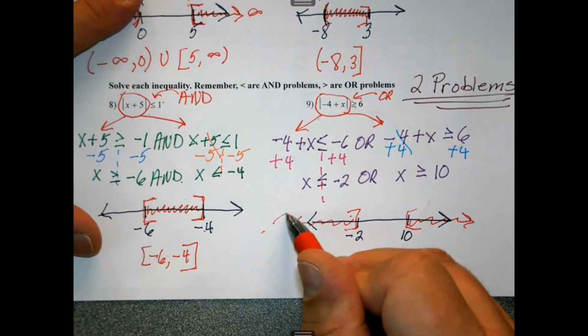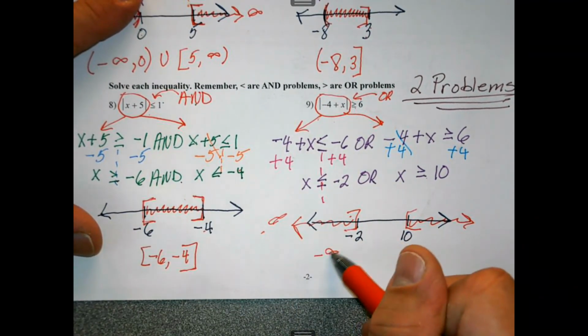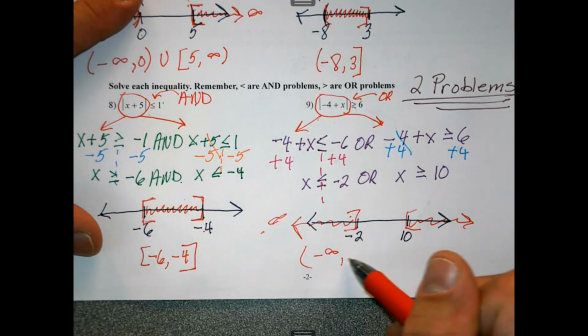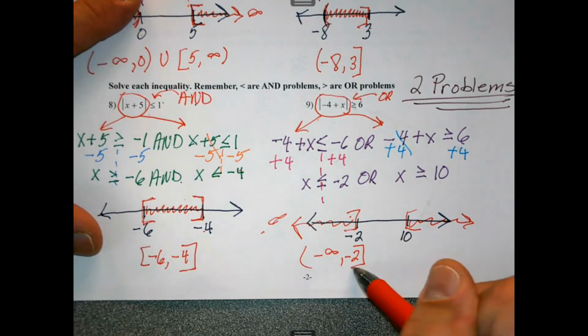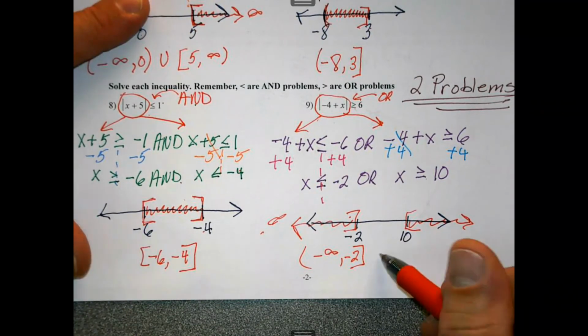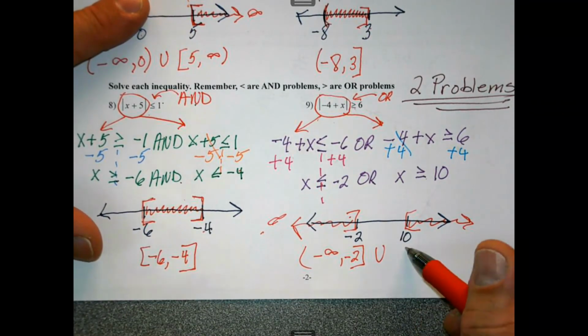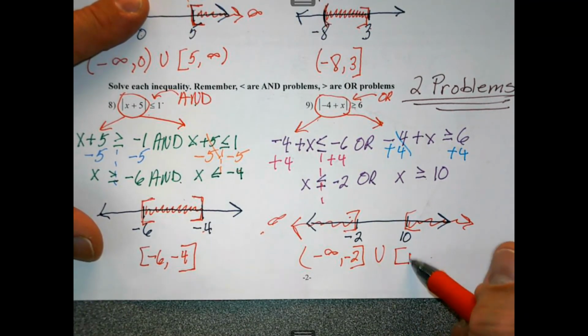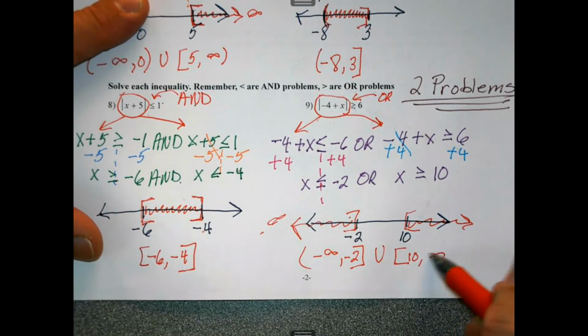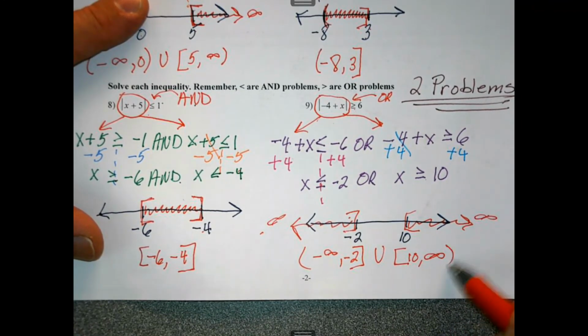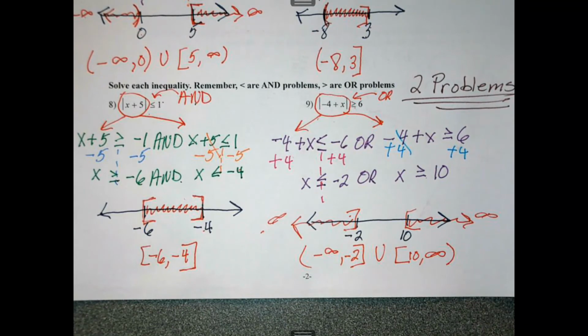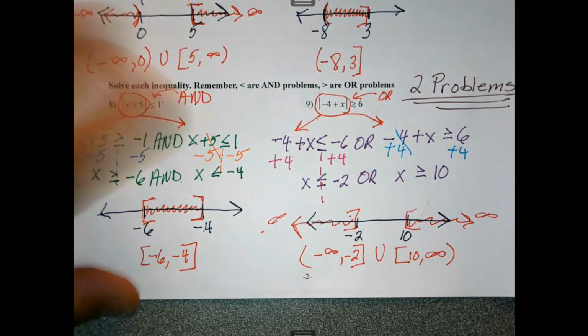See, this is negative infinity to negative 2, bracket. I like to think of that space as my union. Bracket 10 out to positive infinity. There's my interval notation.